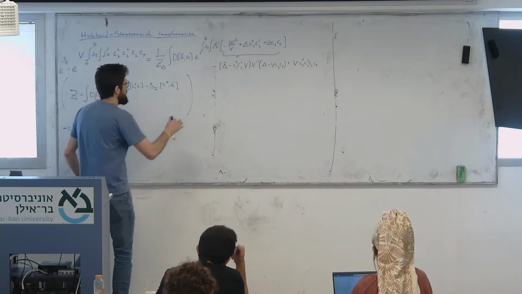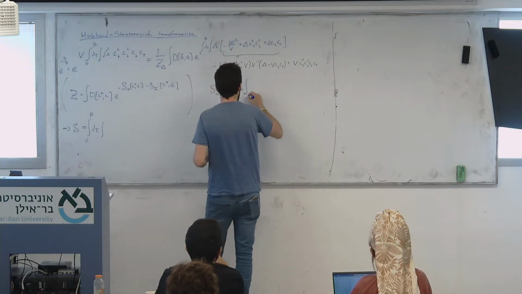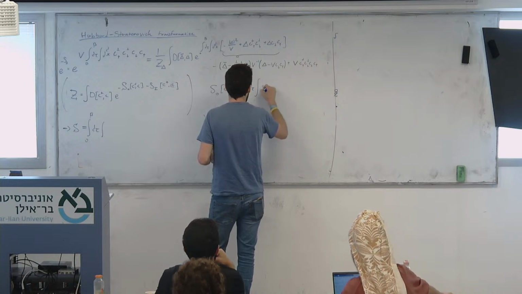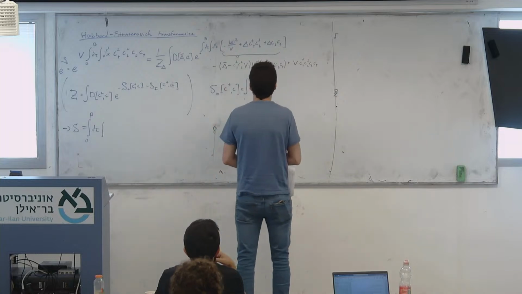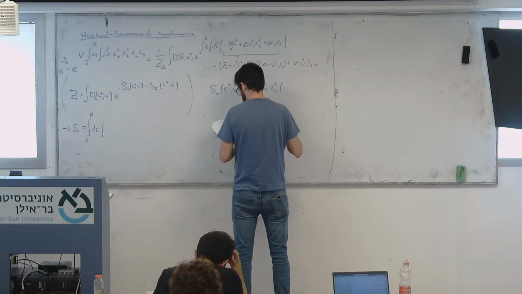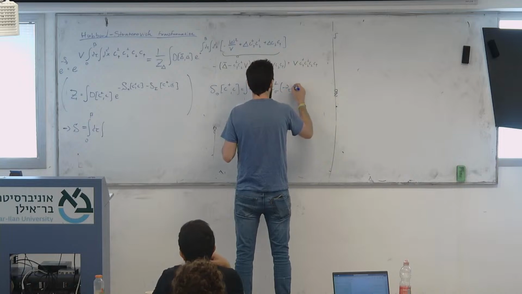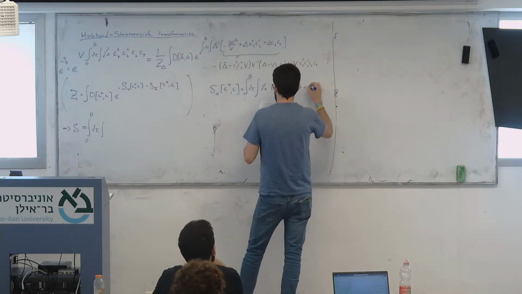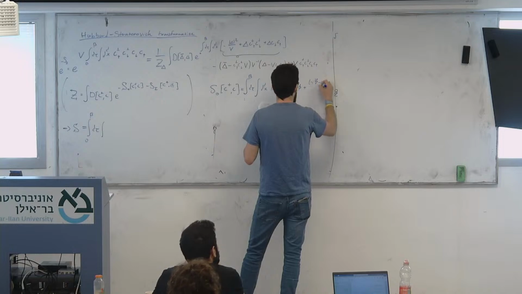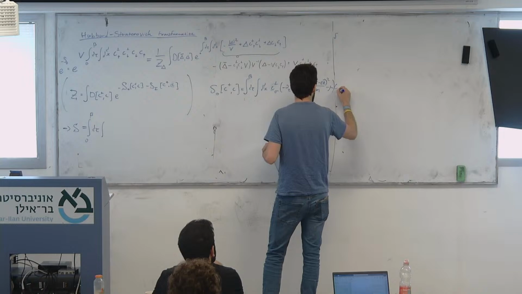And let me also write something here: this S0 of c dagger and c is an integral from 0 to beta d tau, an integral dx of c dagger sigma, and then we have minus d tau minus e phi plus minus i grad minus eA squared divided by 2m minus mu, c sigma.